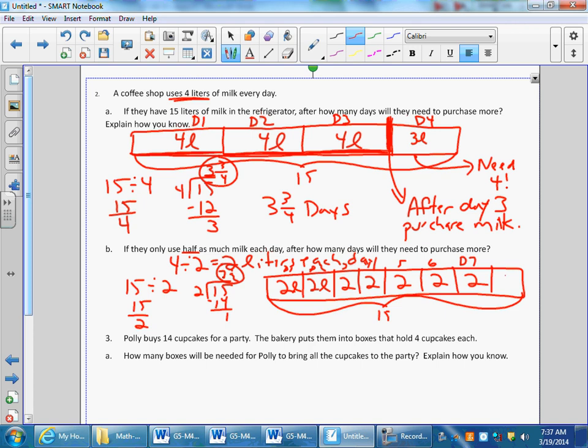And I have 1 more liter left over. I cannot make it to day 8. I need to purchase right here because I won't make it through the day for day 8. So I need to purchase after 7.